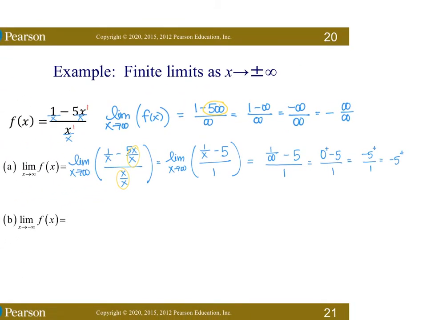You'll do the similar thing with negative infinity. Because the math is the same, I'm going to go to the second step, the 1 over x minus 5. It's this part. To save time, I don't have to write that down again. So I'm dropping negative infinity in this time.